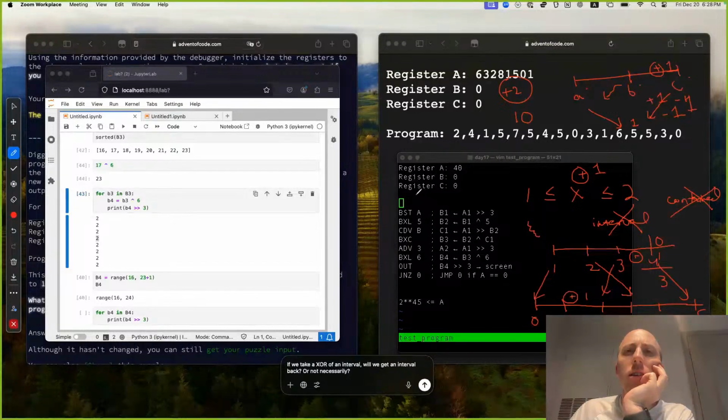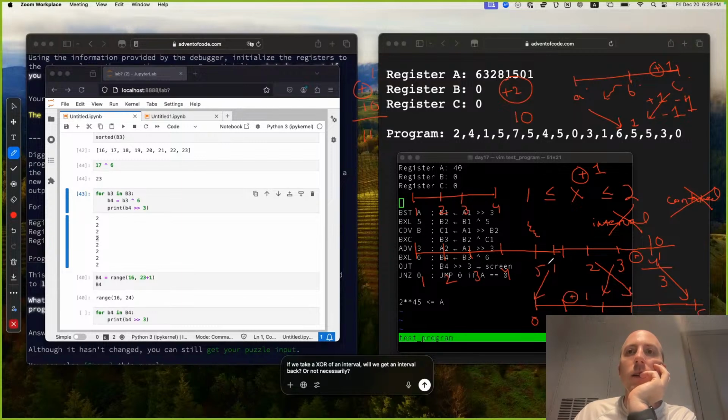If we take the Zor of 1, 2, 3, 4, 5: 1 Zored with 2 is going to be 3. Recall we can at most add 2.